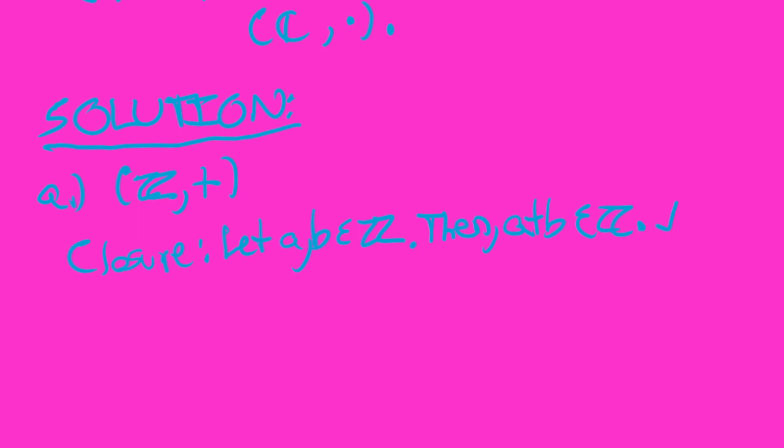So the binary operation is closed. So we have closure. Sorry, first we check for closure, and now we'll go and look at our three key properties. So we are looking for associativity.